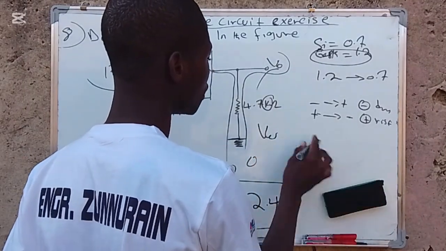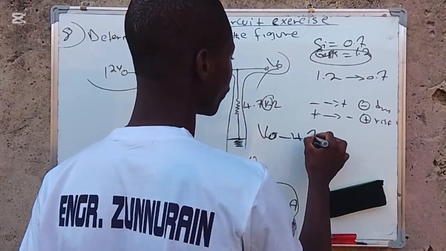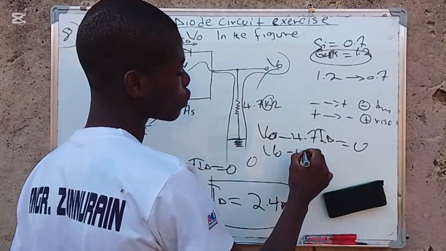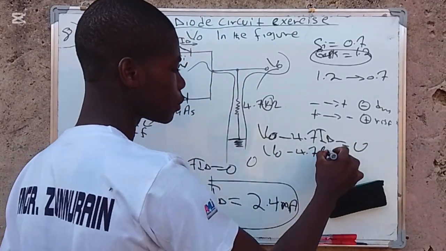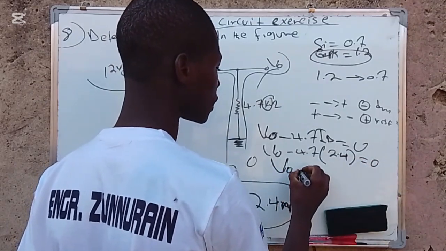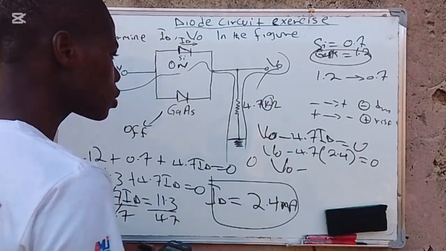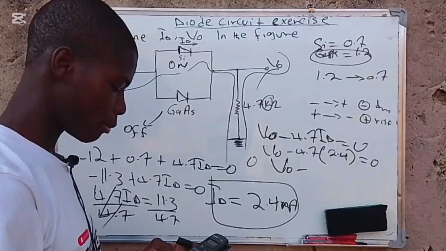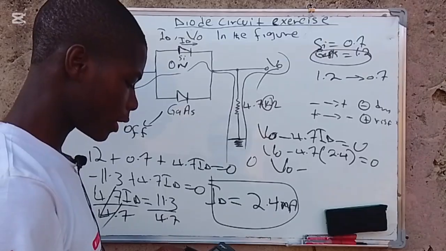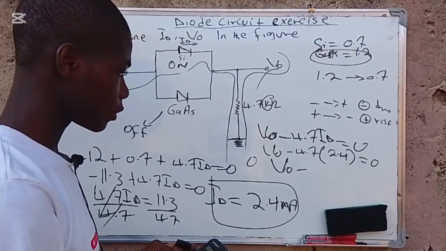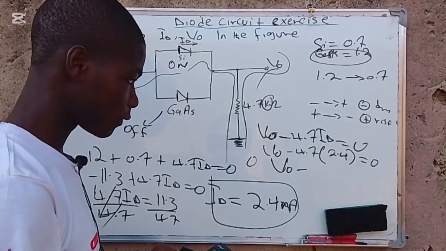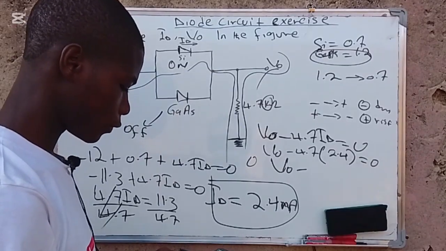So how can I determine this voltage? V out minus 4.7 times ID should now be equal to 0. So V naught minus 4.7 multiplied by 2.4 is equal to 0. Sorry, I have negative 4.7 multiplied by 2.4.